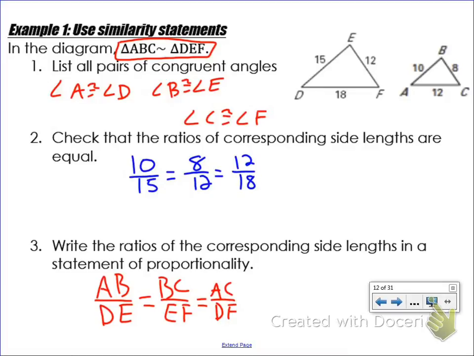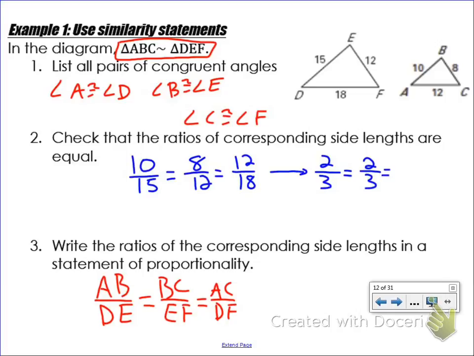Now all 3 of these fractions can be reduced, so we're going to reduce each one of them. Okay, 10 over 15, we're looking for common factors. 5 goes into 10 2 times, 5 goes into 15 3 times, so that reduces to 2 over 3. 8 over 12, 4 goes into 8 2 times, and 4 goes into 12 3 times.